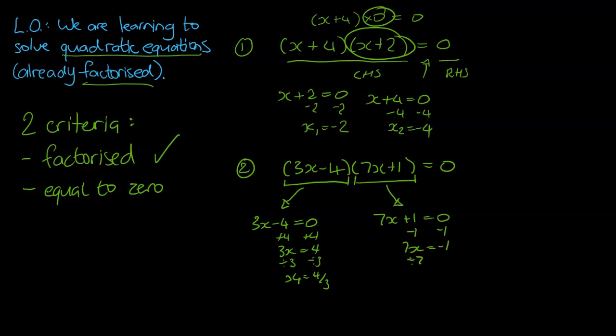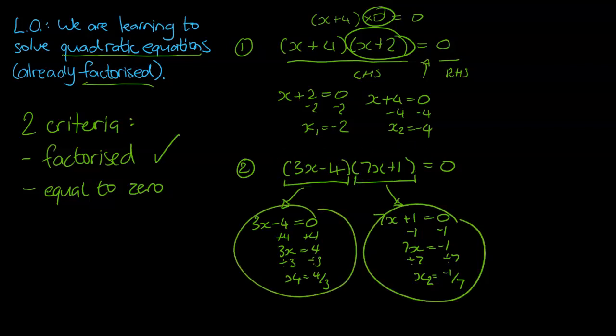We've then got divide by 7, divide by 7. And we've got x is equal to negative 1 over 7. And just going to note, that's our second answer of x, so I'm going to put a little 2 over there. So hopefully you can see the pattern, the themes emerging. If it's factorized, basically split it off into its two parts and solve the two equations.